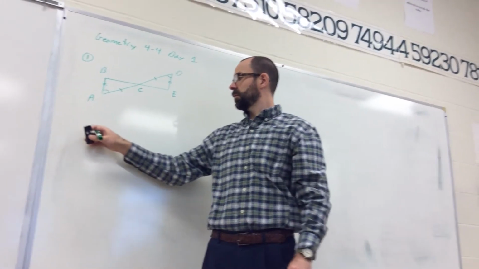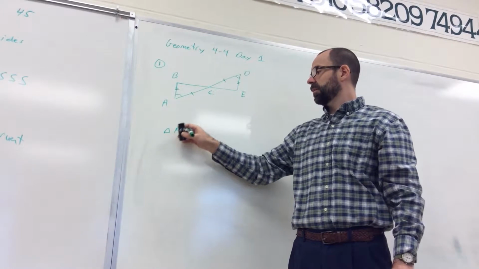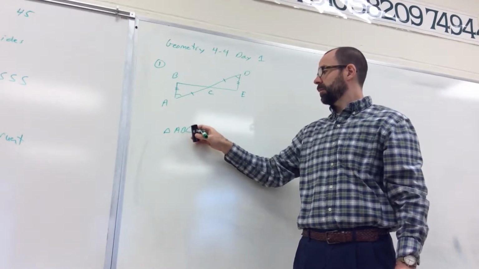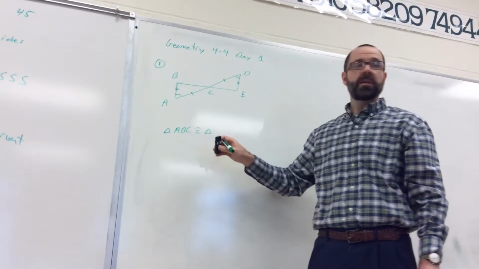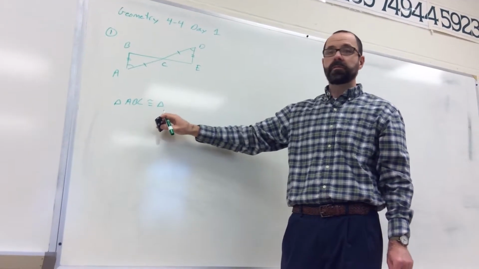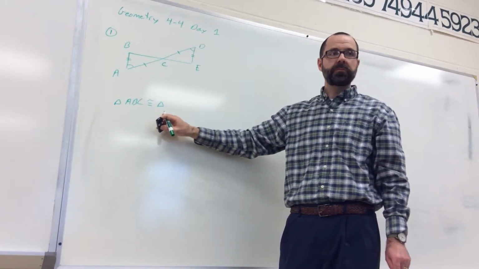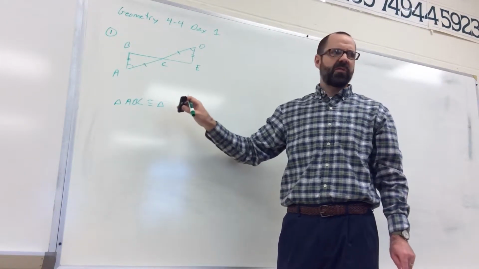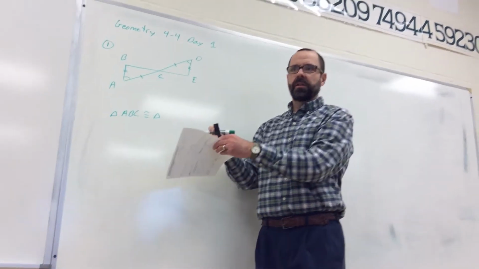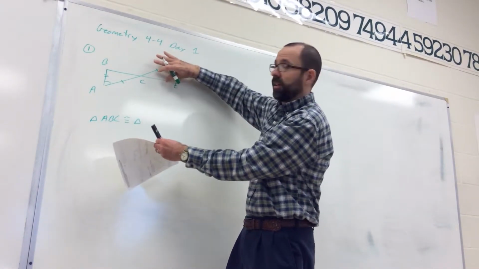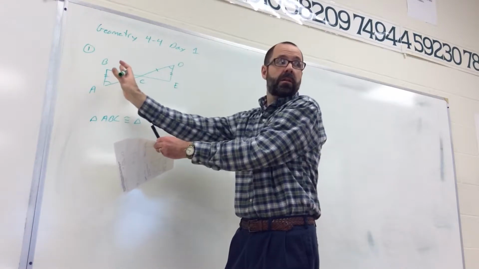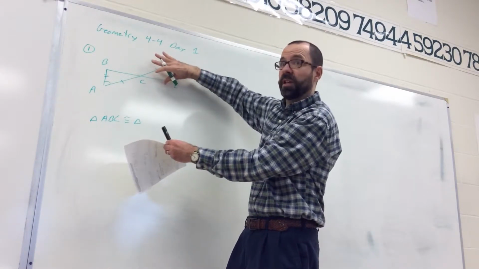Triangle ABC is congruent to triangle... Now you have to be careful about how you write things down, right? So you'd have to take this triangle and rotate it. You see how that would rotate to there?